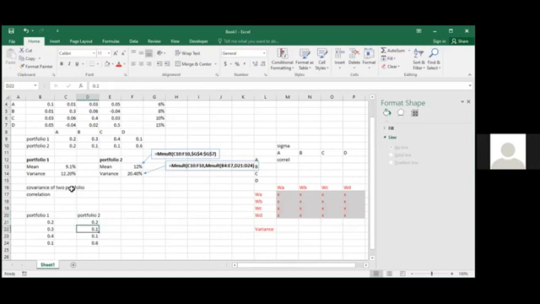To calculate it, first we enter the equal sign and the MMULT function. Now we consider both portfolios, the covariance between portfolio 1 and portfolio 2.